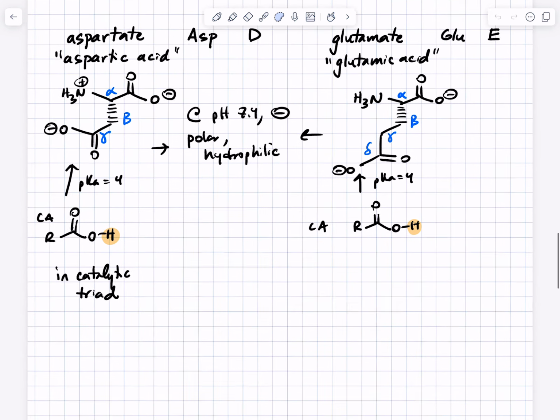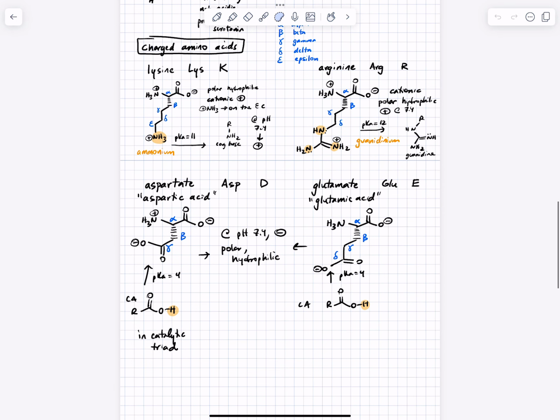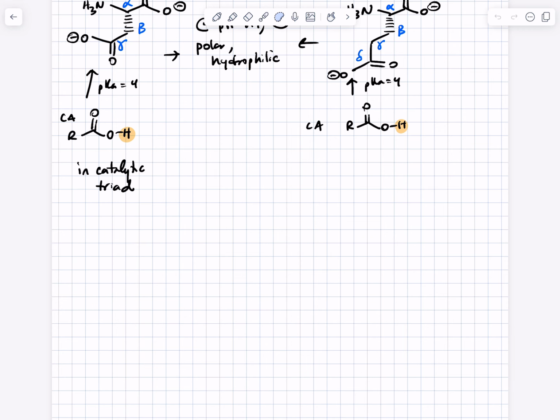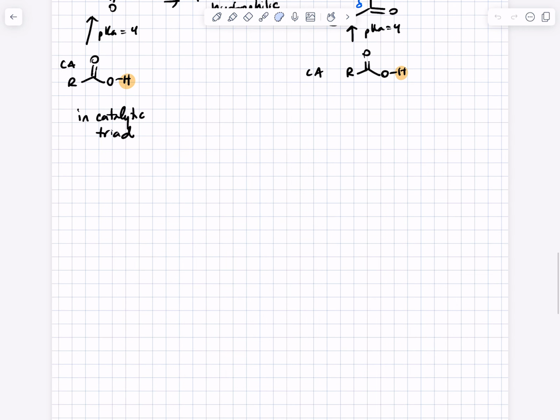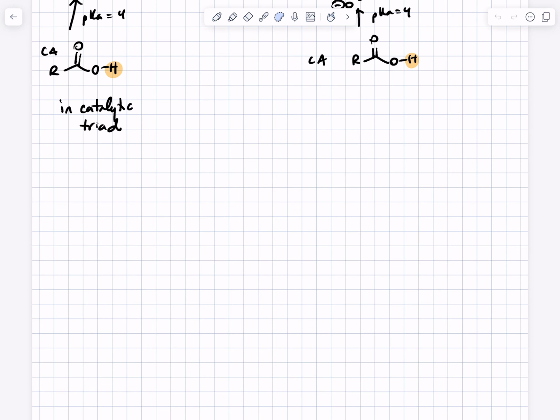Let's go ahead and continue on with our list of amino acids. The one I want to do now is sort of an honorary member of multiple categories. This one sort of fits in the aromatic category.